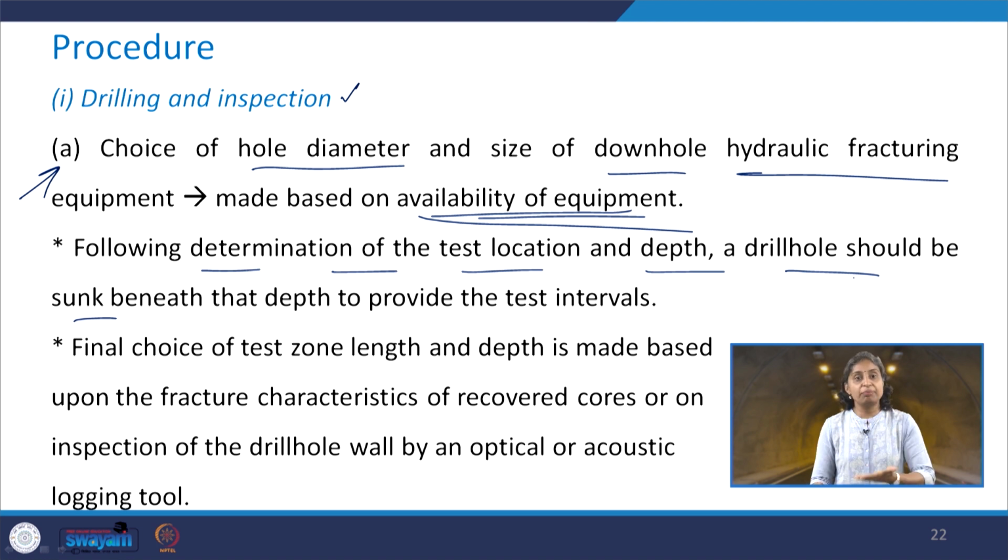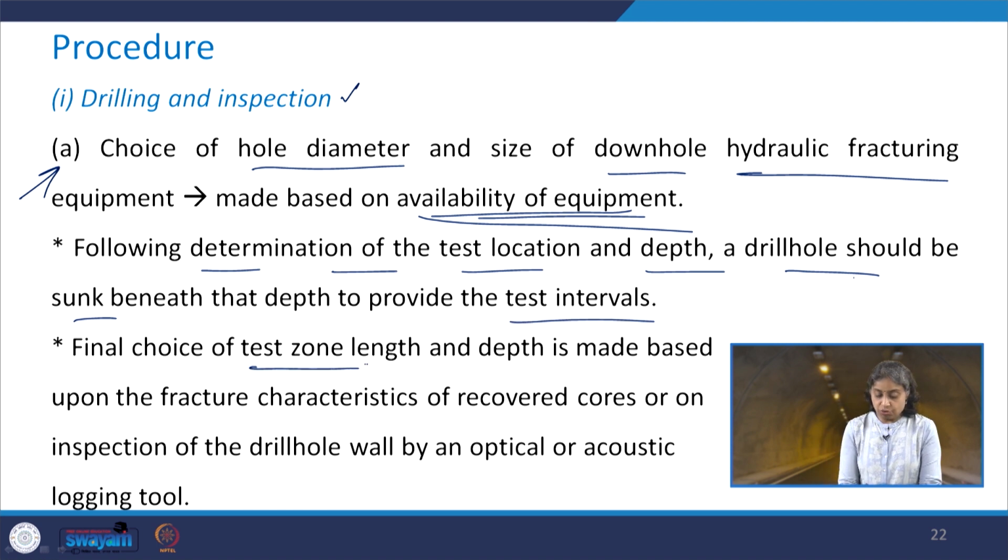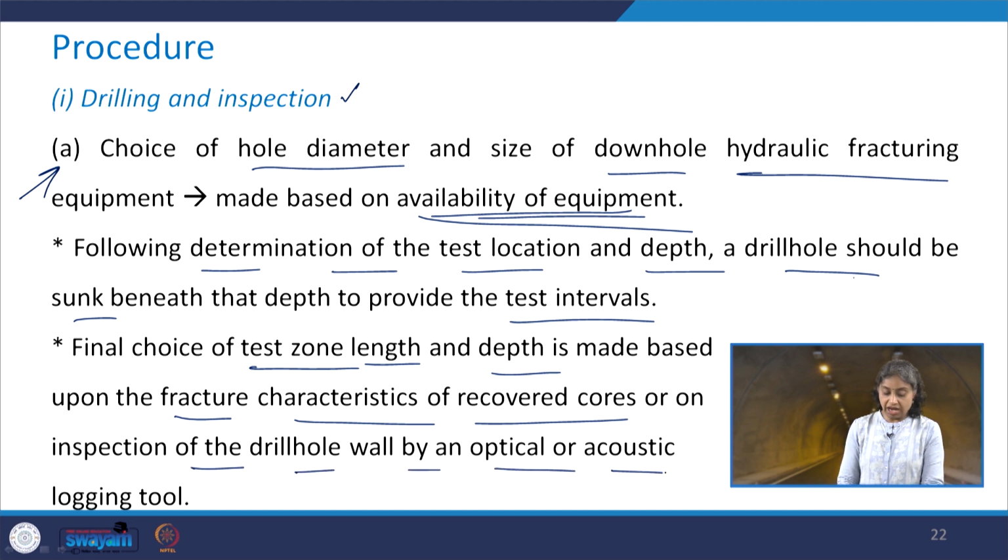It should go beyond 75 meters so that test intervals can be provided. The final choice of the test zone length and the depth is made based upon the fracture characteristics of the recovered cores and or on the inspection of the drill hole walls by an optical or acoustic logging tool.